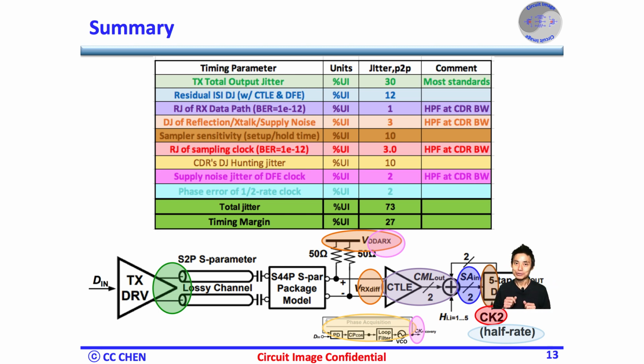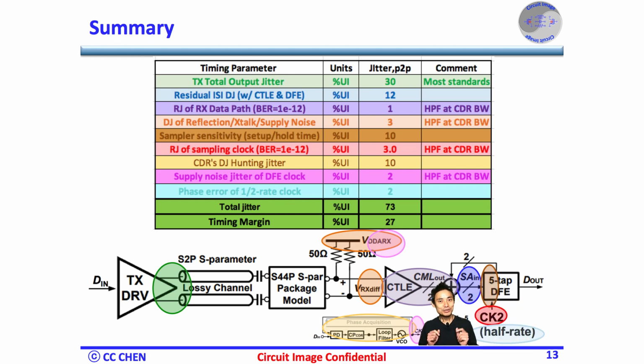After figuring out the data path, sixth, we need to check the intrinsic RJ of the sampling clock from the CDR after the high-pass filter at CDR bandwidth corner frequency, and that shows 3% UI for BER equals 1E-12.